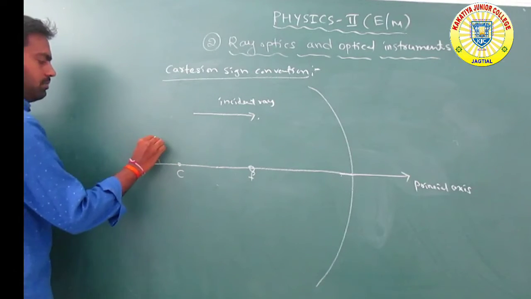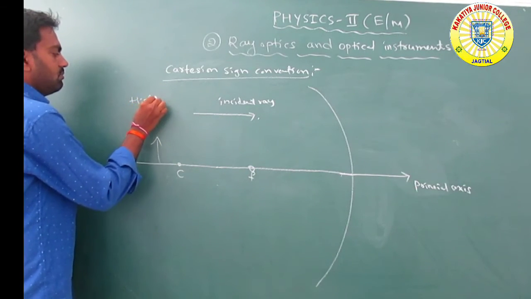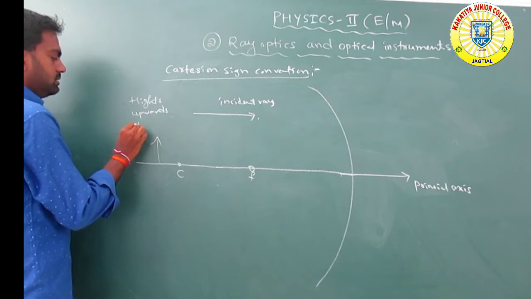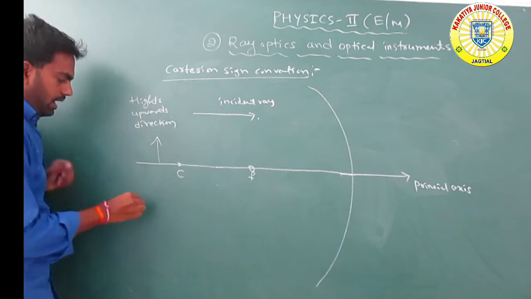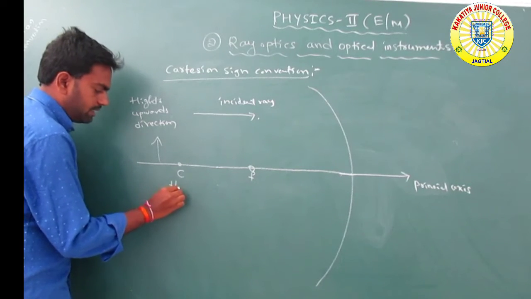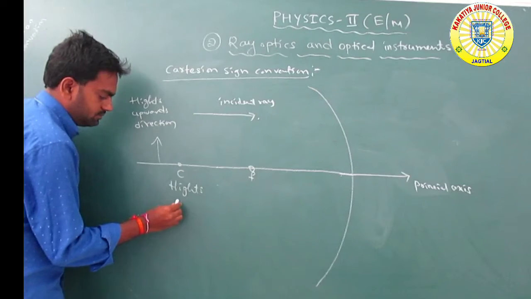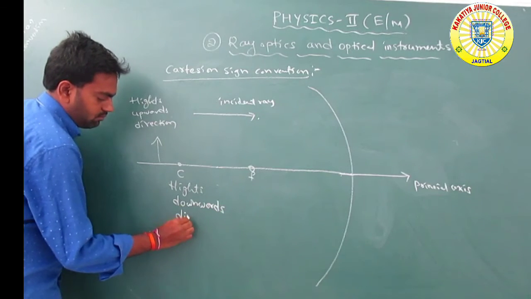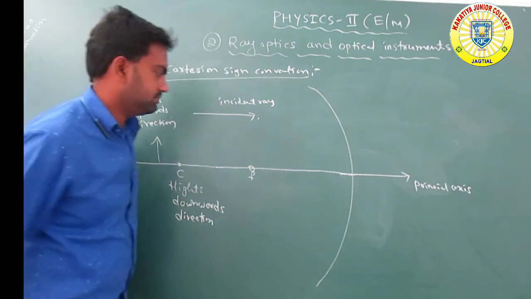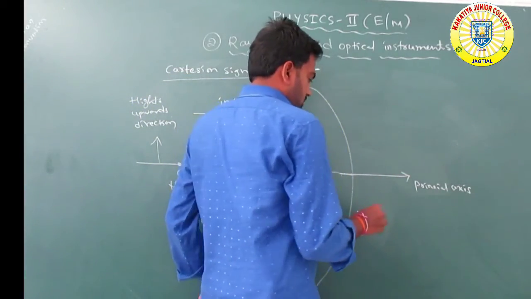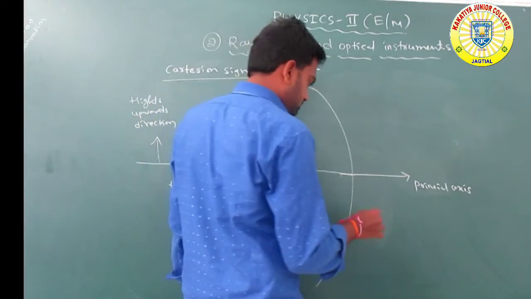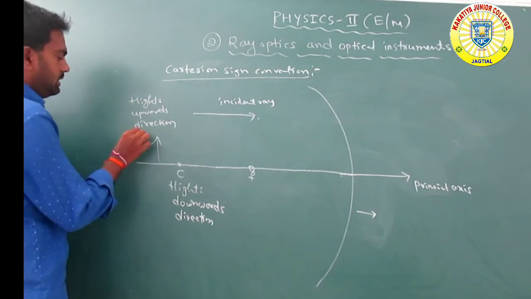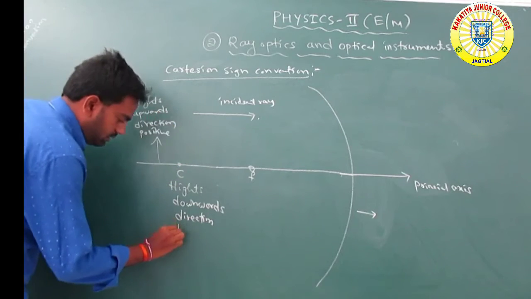We are taking the focus and the center of curvature. Heights in the upward direction, and heights in the downward direction. Along the incident ray, heights in the upward direction are taken positive, and here negative.